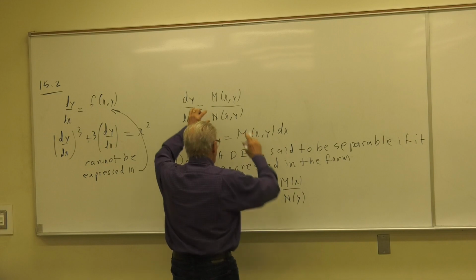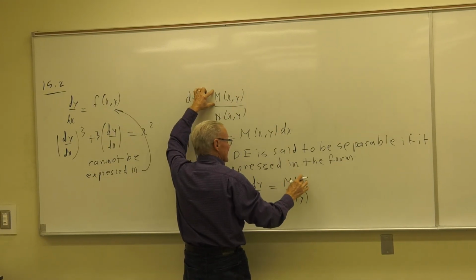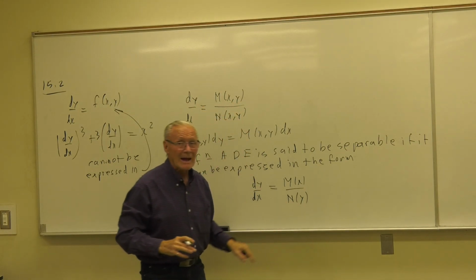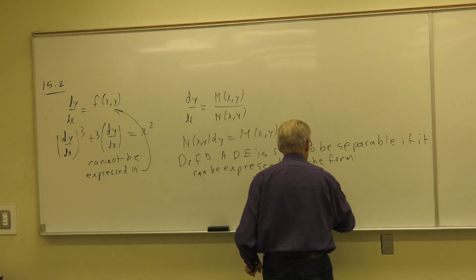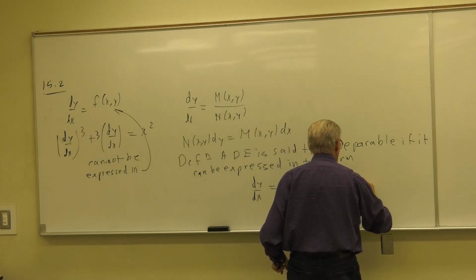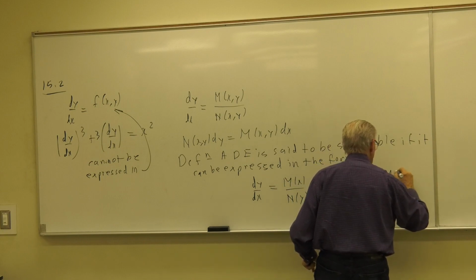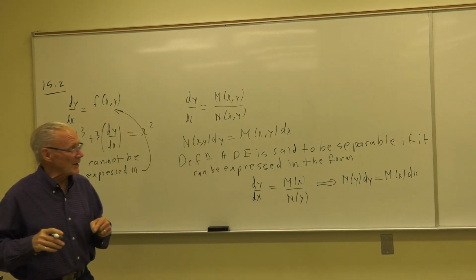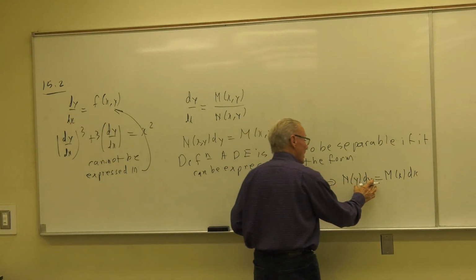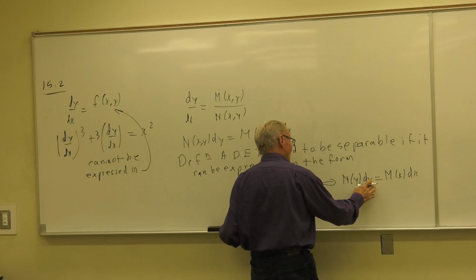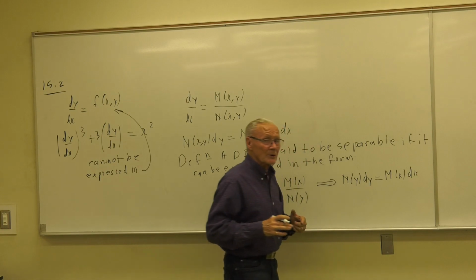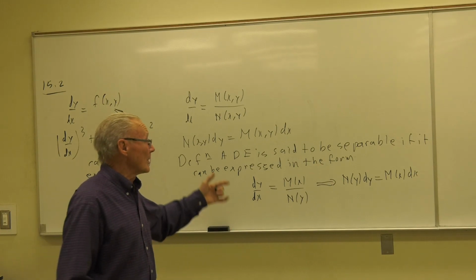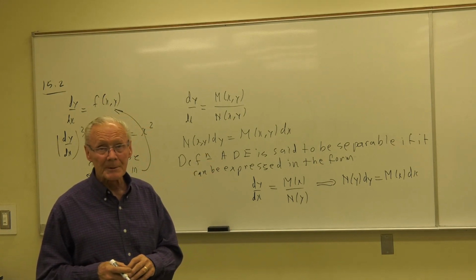What we're saying is, whatever that function is at the top, it doesn't have any y's in it. Whatever this function is in the bottom, it does not have any x's in it. Equivalently, I could write n of y dy is equal to m of x dx. And now you can see perhaps why they use the word separable. Because if you look on the left-hand side of the equation, all you see are y's. You look on the right-hand side, and all you see are x's. We've separated the y stuff away from the x stuff, and we therefore call it a separable differential equation.